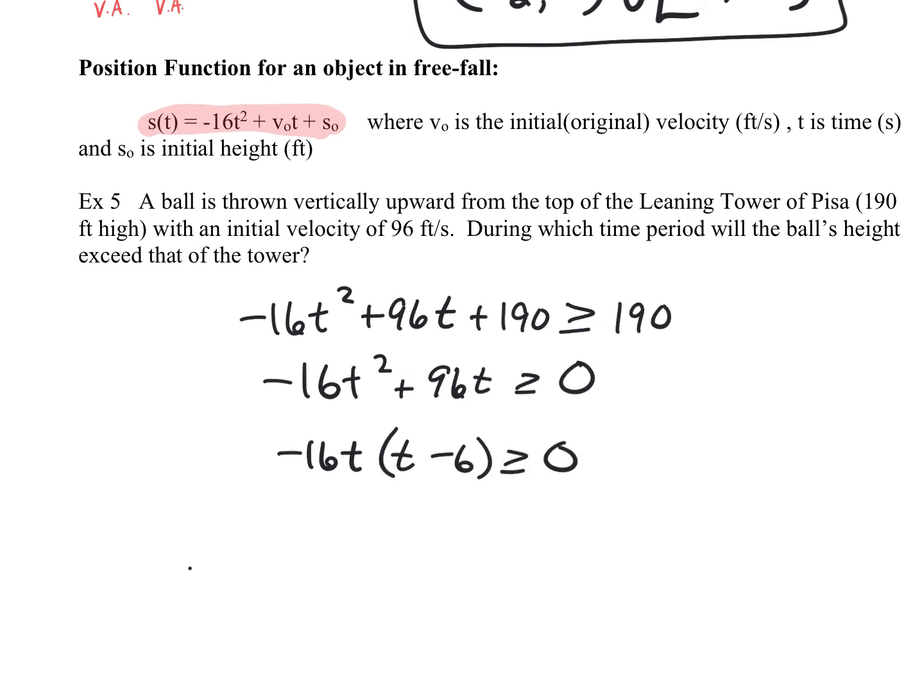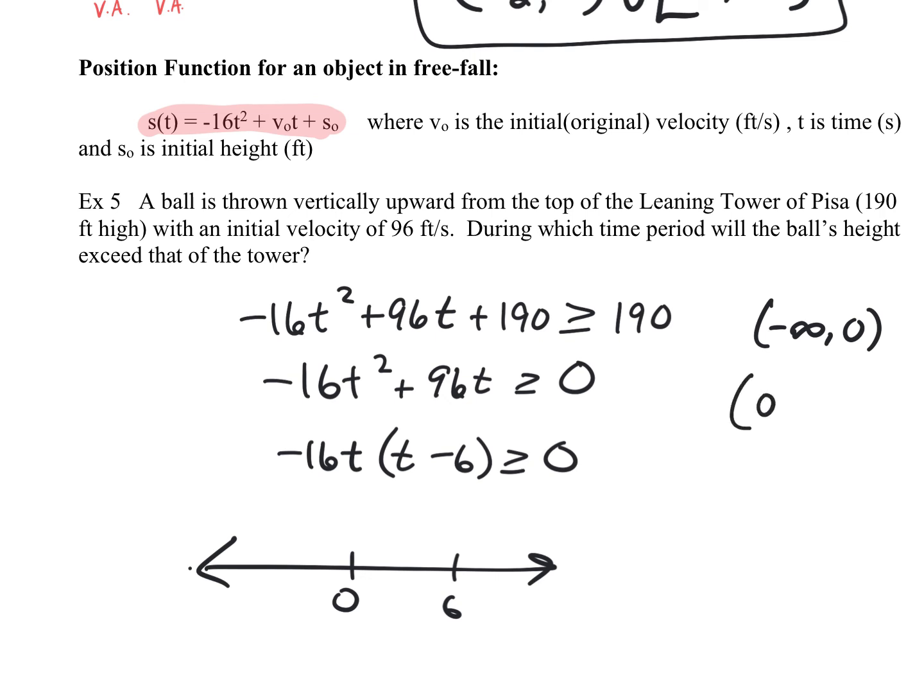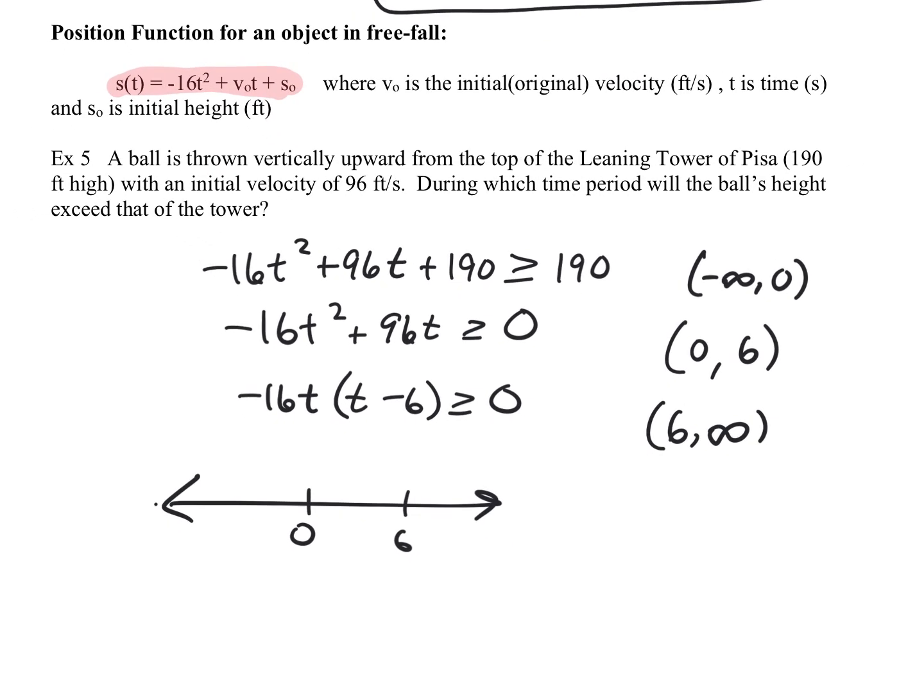So our number line setup will include values of 0 and 6. Our three intervals are going to go from -infinity to 0, 0 to 6, and 6 to infinity. In the context of the problem, I think that this first interval has very little meaning, right?